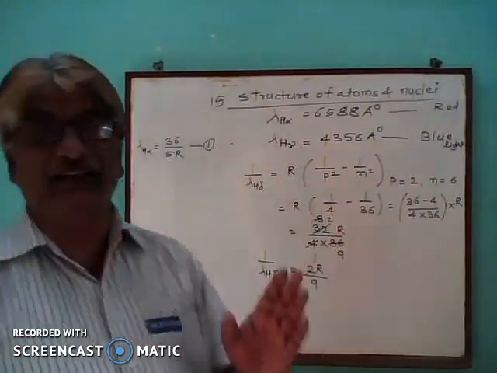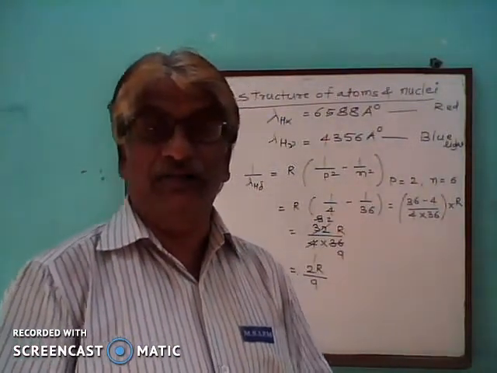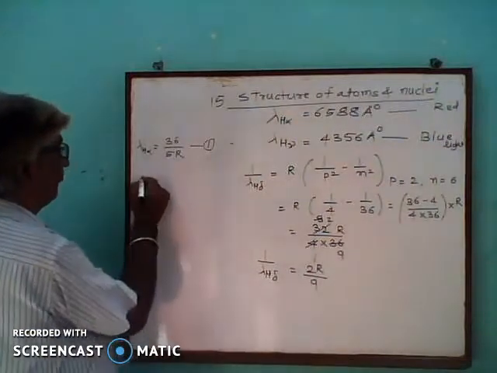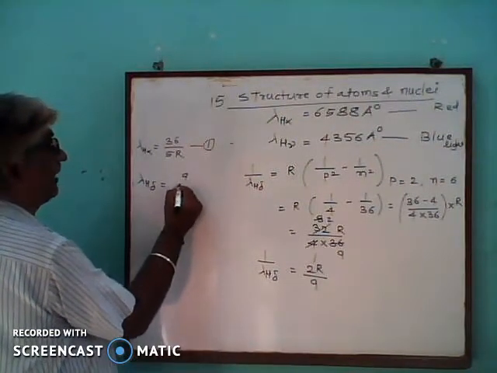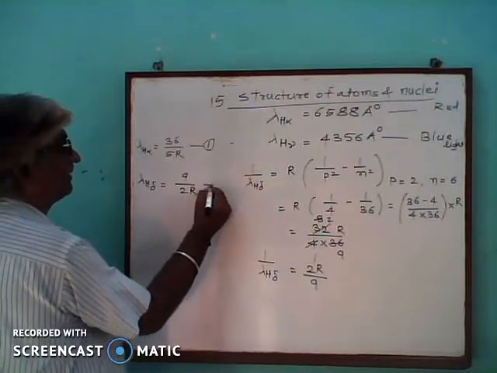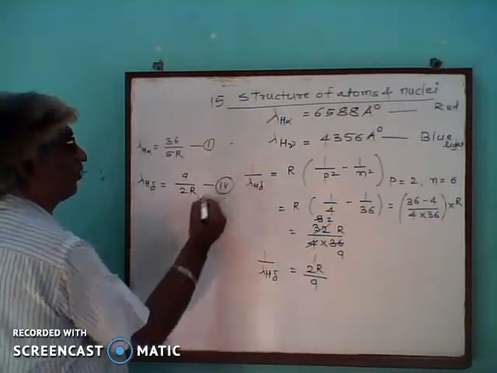Taking the reciprocal, lambda H delta is 9 upon 2R. That is equation number 4.